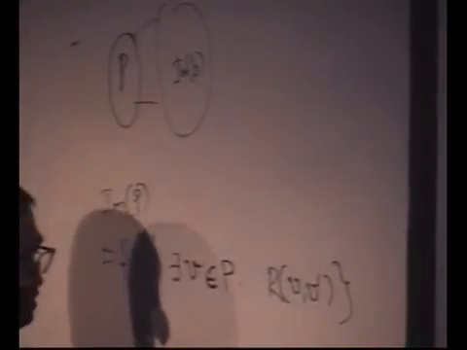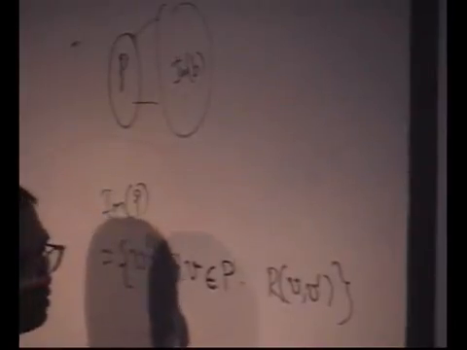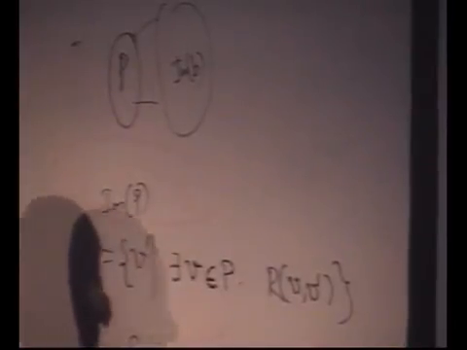And I could write that as exists V, the characteristic function of P of V and the characteristic function of R of V, V prime. You can imagine that to encode this, you need the existential quantification.